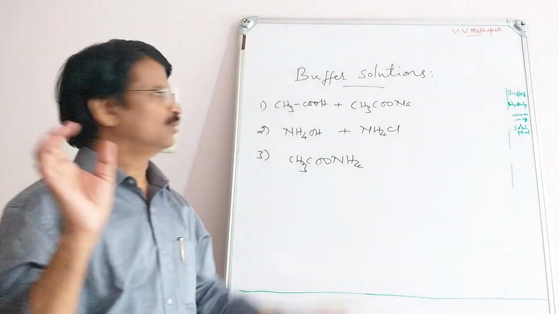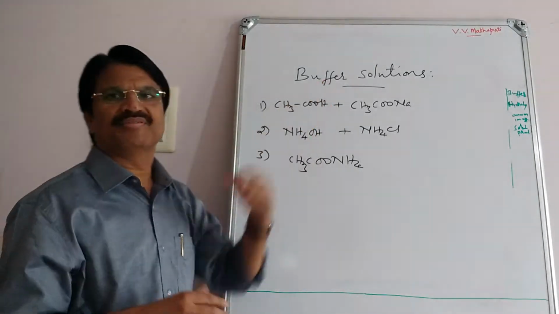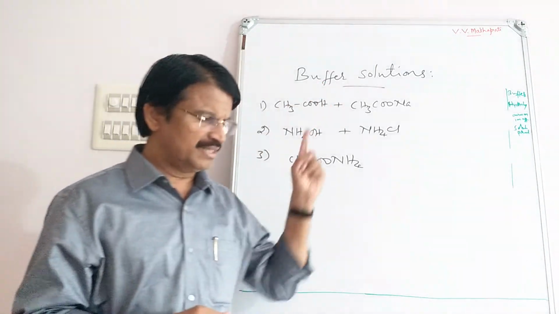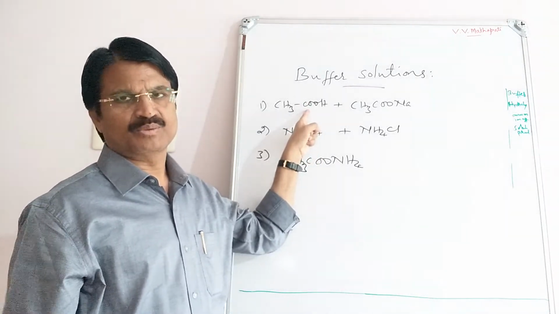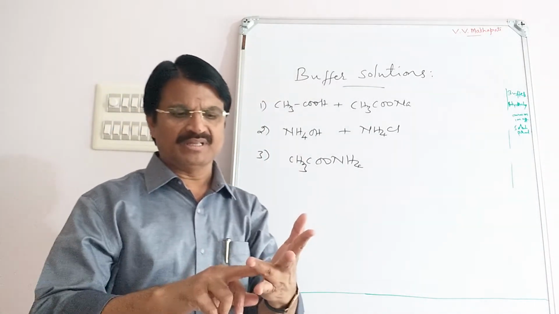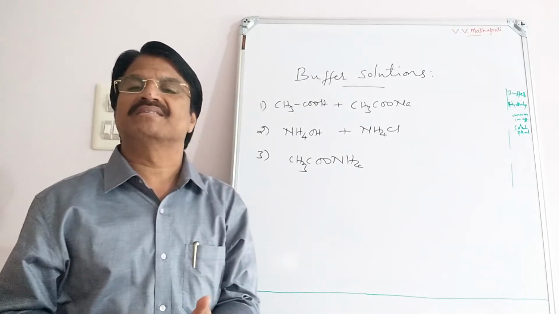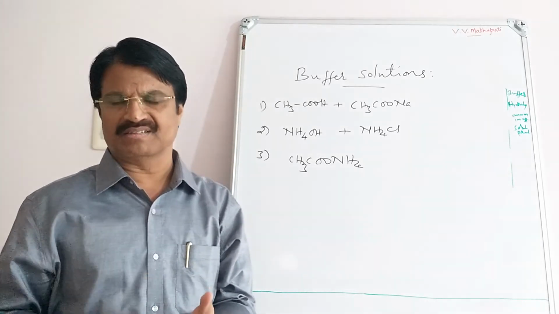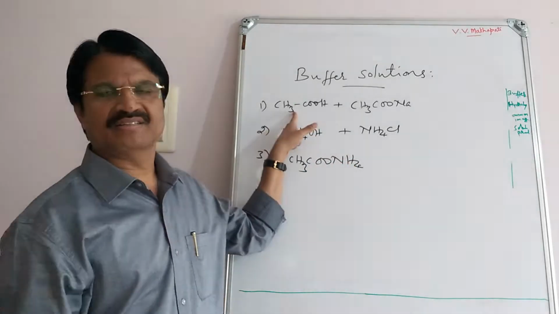I'll tell you tricks to remember which solution is acidic, basic or neutral buffer. It is applicable only to a weak acid. Select any weak acid other than HNO3, H2SO4, HCl, and HClO4, perchloric acid. These are all strong acids, so don't use a strong acid.